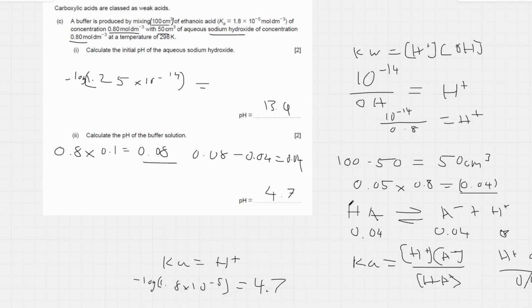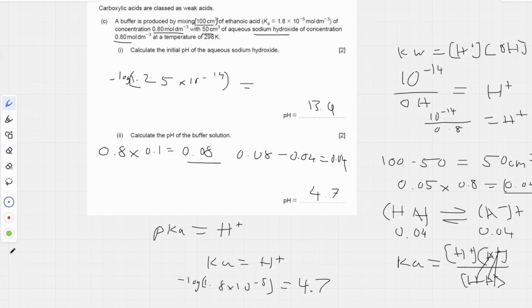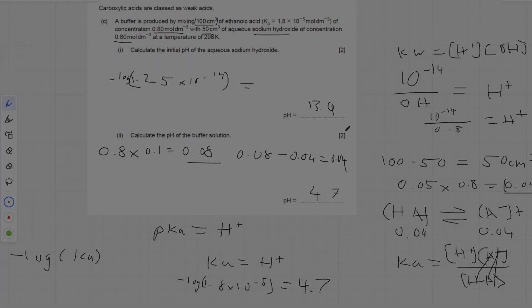Therefore, HA equals A minus. So we can therefore cancel these out in the equation every time, and therefore the equation simplifies down to pKa equals pH, and pKa is just minus log of Ka. And that's how you'd be able to do this question in under 2 minutes.